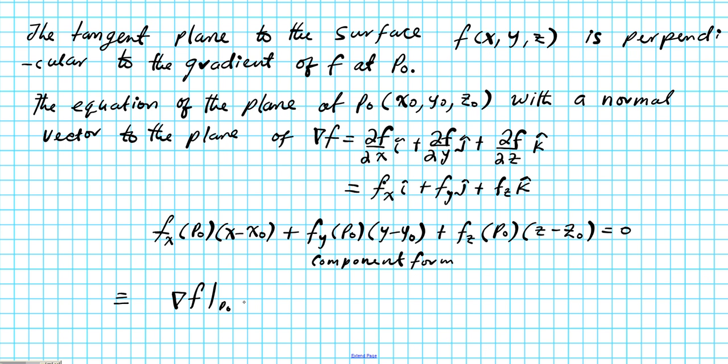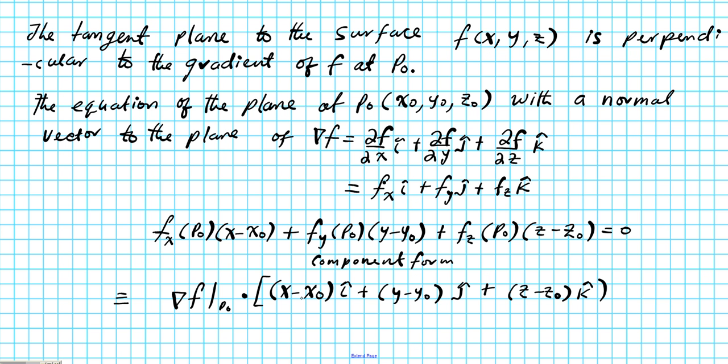I could just write p sub 0 there, dotted with this vector, x minus x sub 0 in the i direction, plus y minus y sub 0 in the j direction, plus z minus z sub 0 in the k direction. Okay? So you can see that the equation of a plane is actually a dot product, right?